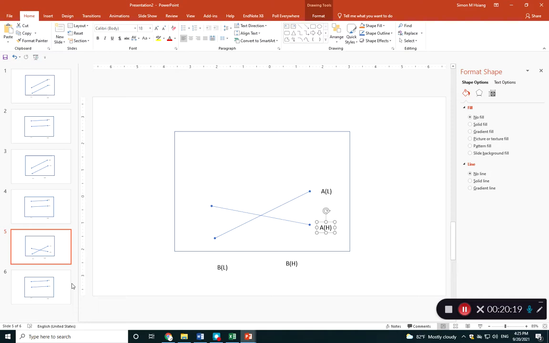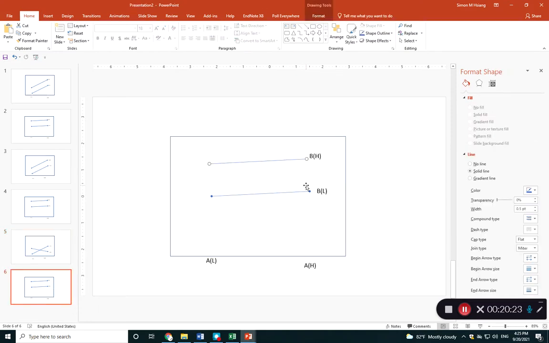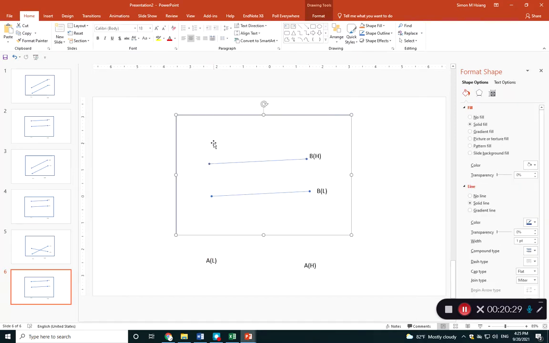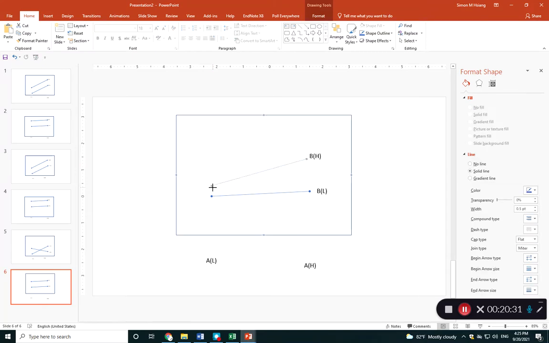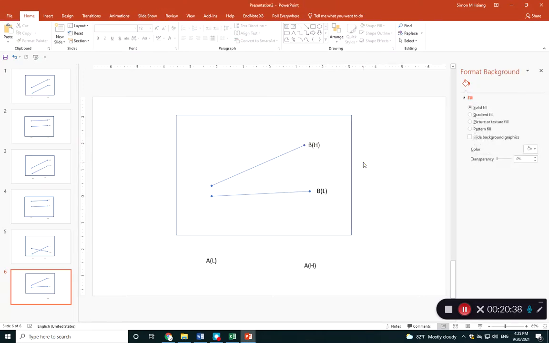And let me give you another one. Is A effect and B effect independent or not independent?